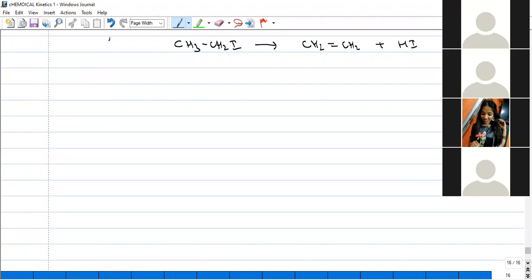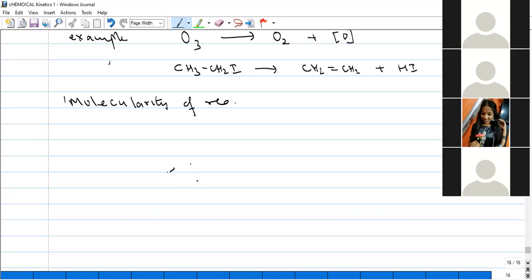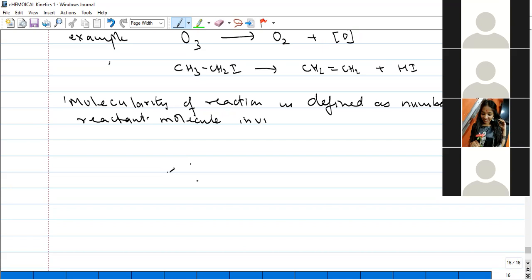The definition of molecularity: the molecularity of a reaction is defined as the number of reactant molecules involved in an elementary reaction.